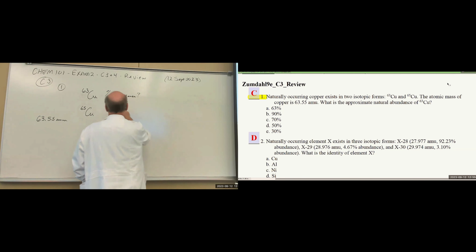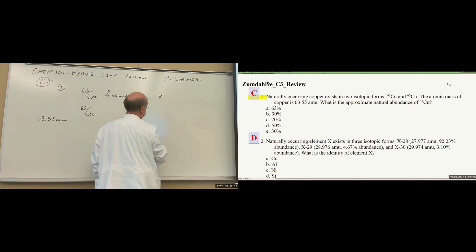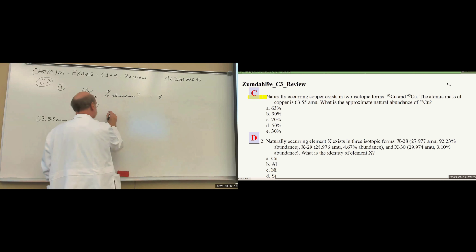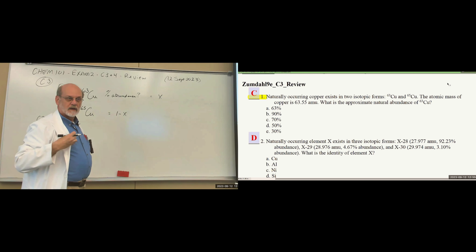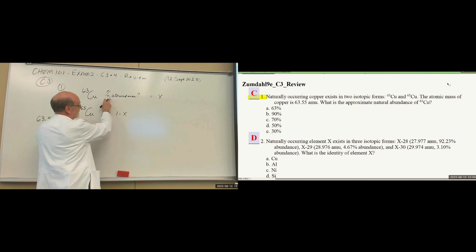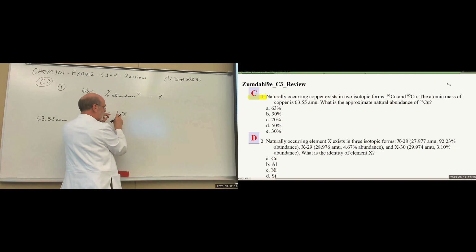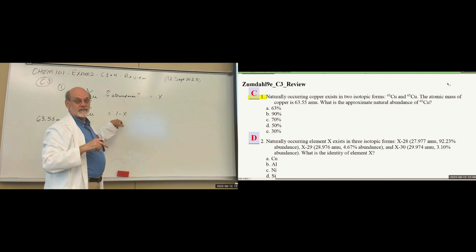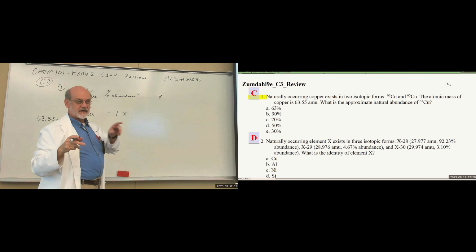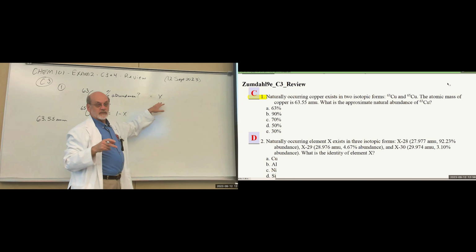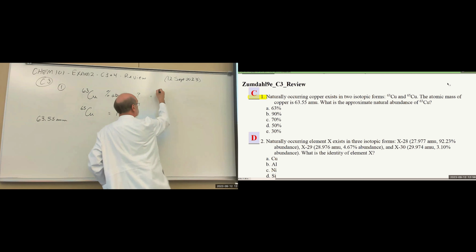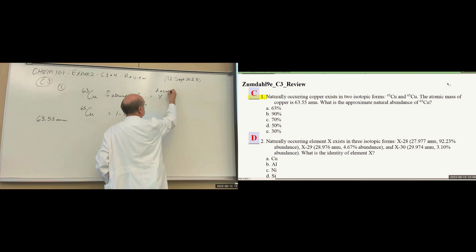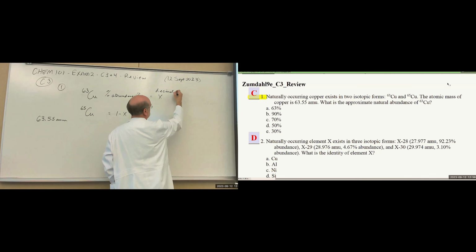If we say the abundance of this one is equal to X, right, then the abundance of this one is equal to 1 minus X. What I'm saying there is, if we were still in percent, this would be 100 minus X. But I was changing this to decimal abundance. This is decimal abundance. The math works better.